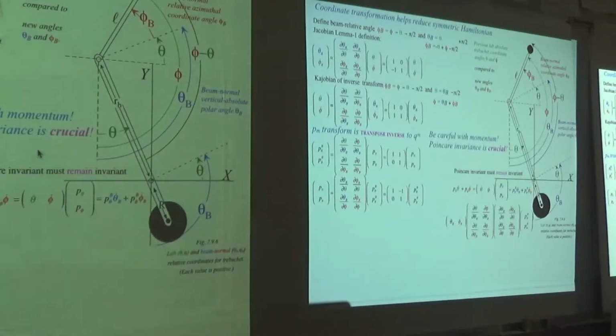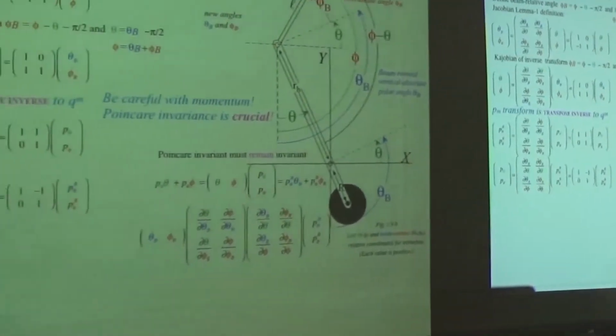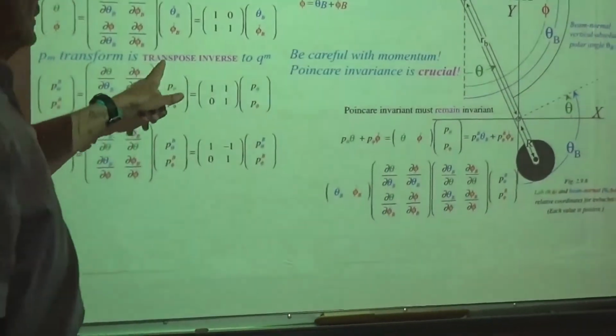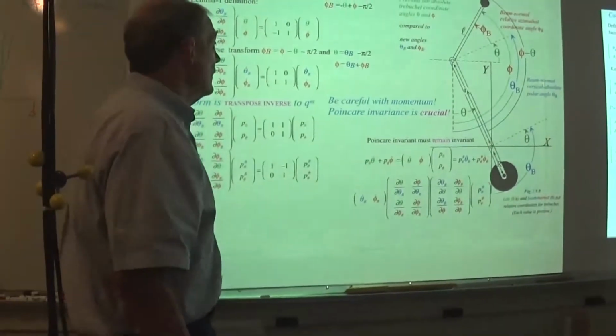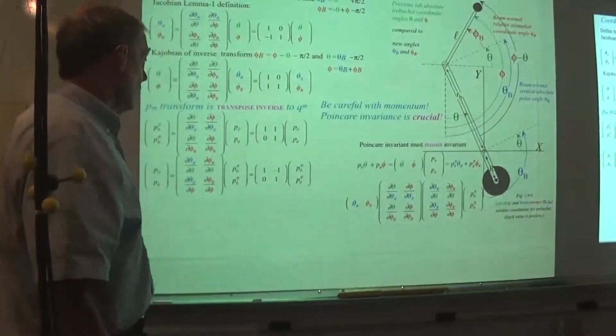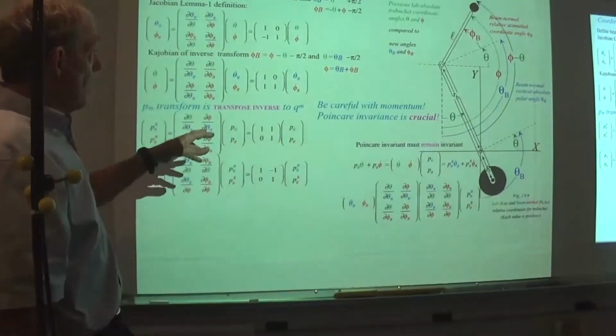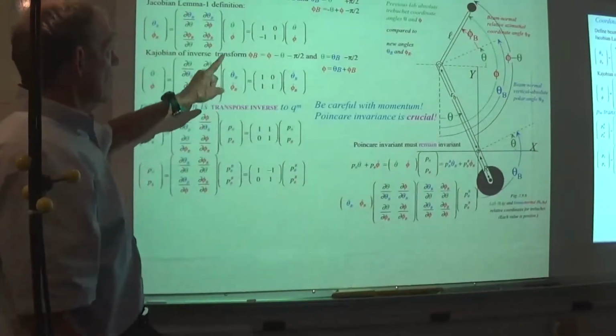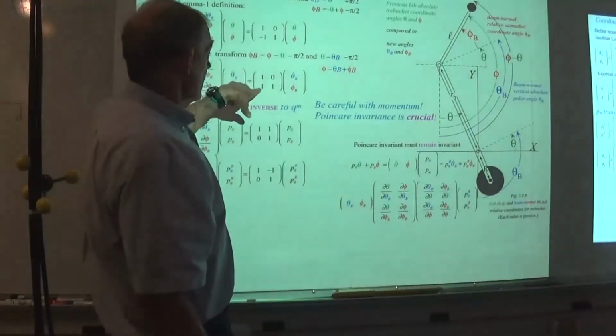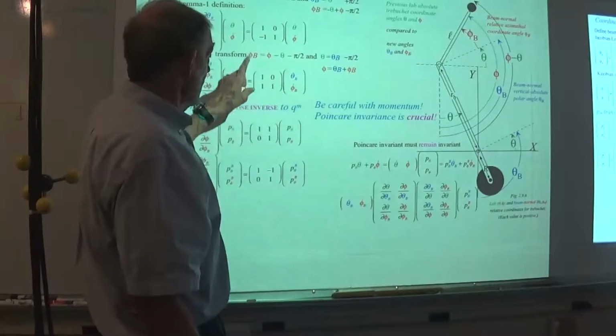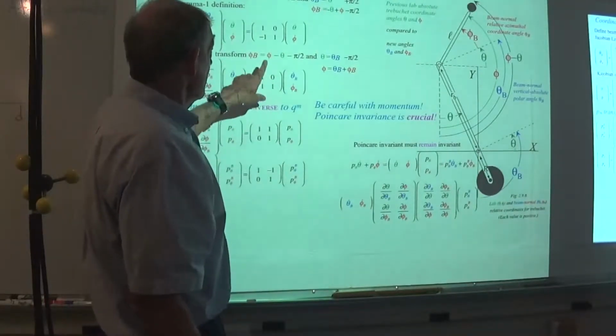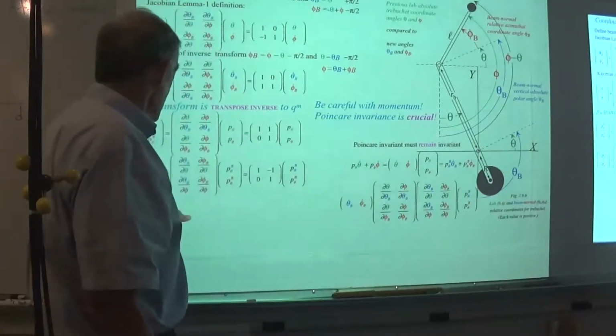And that's sort of the tricky and hard part of this. But as it turns out, I'll put it on the screen too here, the transformation for the momentum is the transpose inverse of the transformations that occurred here. So in each of these cases, I take the transpose of the inverse here, that's this thing right here, and then this one, same thing for this, okay?